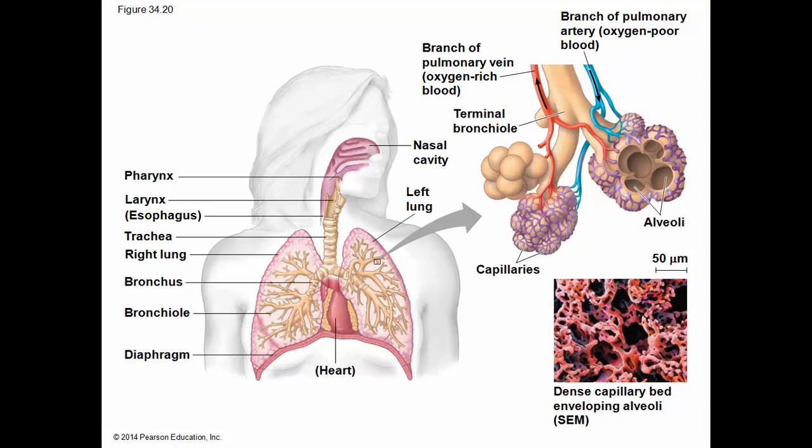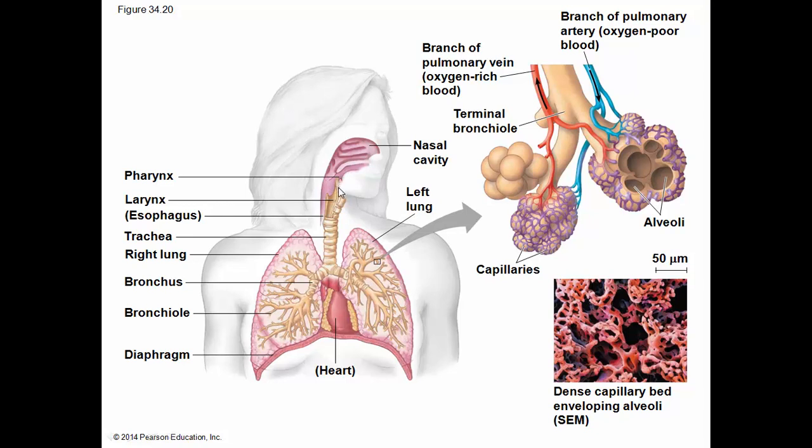Okay, here is a mammalian respiratory system. You can see here the nasal cavity and the mouth. A lot of people breathe through their mouth, especially if they've got a stuffed up nose. Air comes down into the pharynx, which is the common area of the esophagus and the lungs.